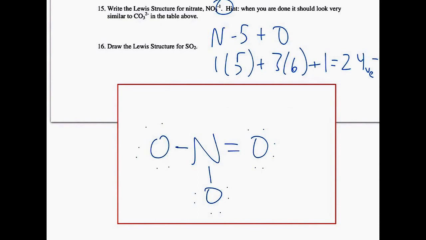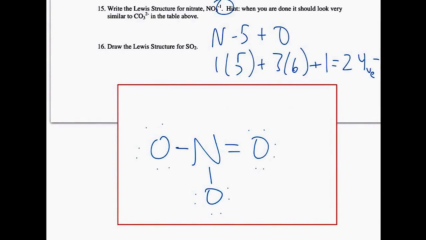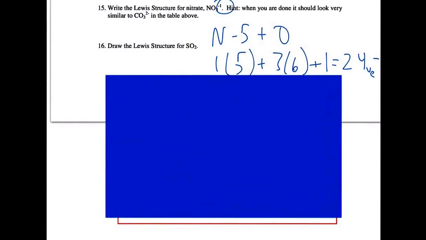Okay, so now if I count them up, 2, 4, 6, 8, 10, 12, 14, 16, 18, 20, 22, 24. Ooh, I made a mistake. Sorry about that. Let's start this one over again. If I were real fancy, I might edit this, but let's do this again.